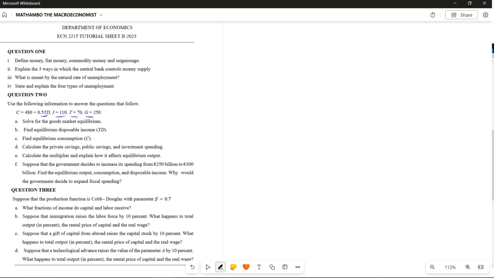So what we know is that the goods market equilibrium Y must be equal to total demand Z, right? And therefore our Y is equal to consumption plus investment plus government expenditure, since we are dealing with a closed economy.